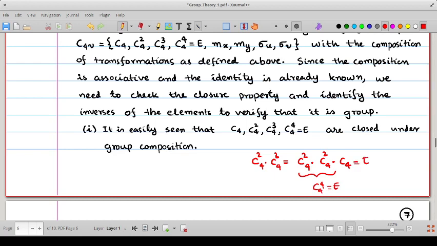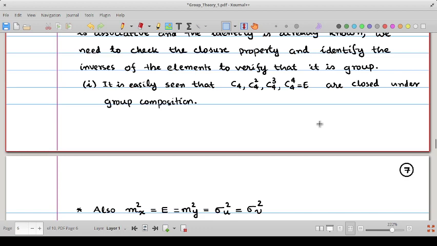So the result would be identity times C4, which is nothing but C4. Similarly, we can verify that these four elements are closed under group multiplication.